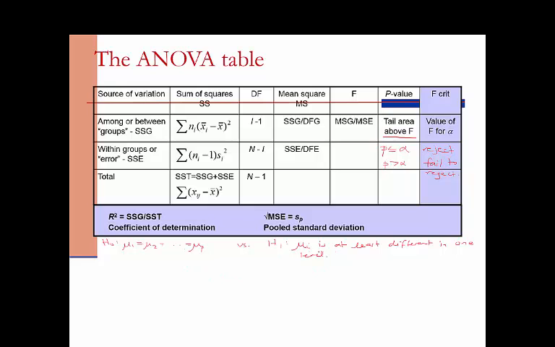You have to write that one in words. So if p-value is less than alpha, it proves to us that at least one of the means is different in the different groups. So there is a difference between the different levels.